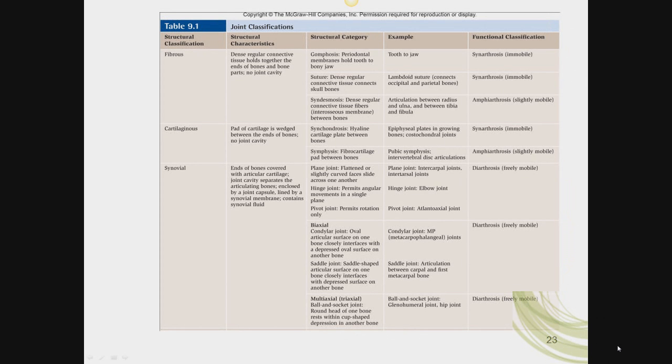Synarthroses, remember, are immobile joints, amphiarthroses are slightly mobile, and diarthroses are freely mobile, though we just learned that even the diarthrotic synovial joints, being freely mobile, some have greater mobility than others.